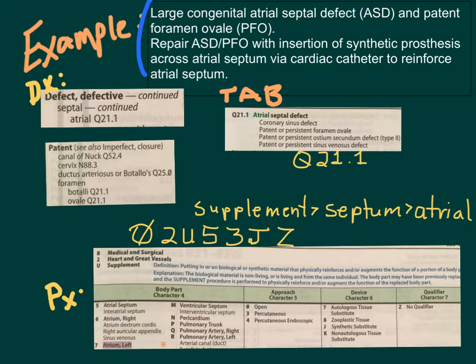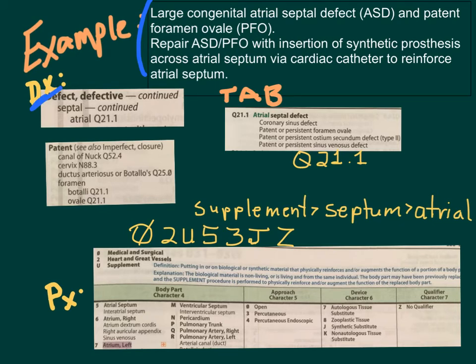Then as our procedure, we have repair ASD PFO with insertion of synthetic prosthesis across atrial septum via cardiac catheter to reinforce atrial septum. That's a lot, but actually we only have two codes going on here.